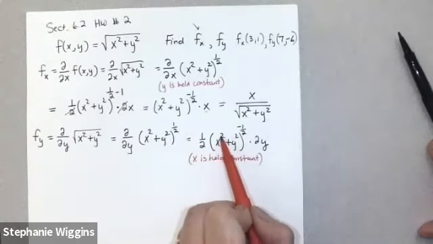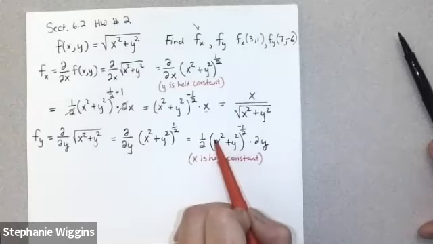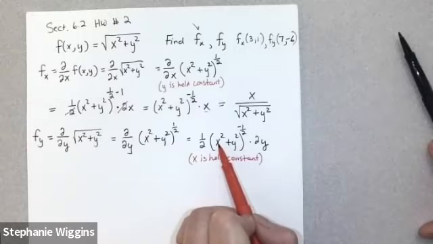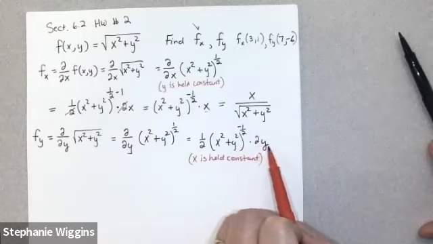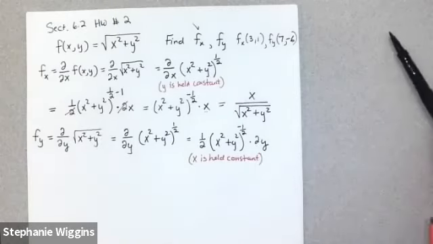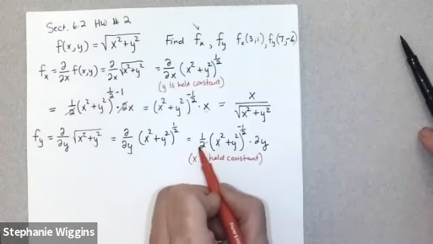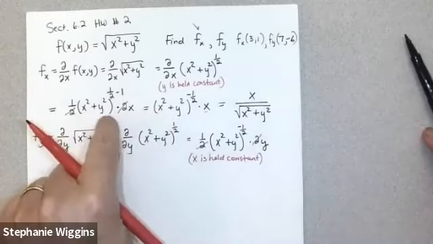And that's because this time x is held constant. And the x squared, since x is held constant, this is a constant, and so we just take the derivative with respect to y. That's going to give me 0 for this piece. Here, the derivative with respect to y is 2y, so I multiply that by the chain rule. And as you can see, the 2's cancel just like they did here.